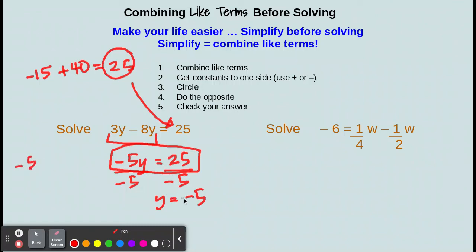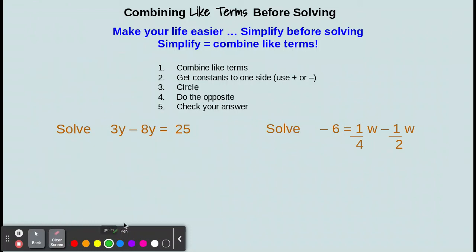Negative 5y is negative 5 times negative 5. What is negative 5 times negative 5? 25. And does that match our original? Yes, it does. So you can check your answer using the original equation or your equation after you combined like terms. Okay, let's look at another example.